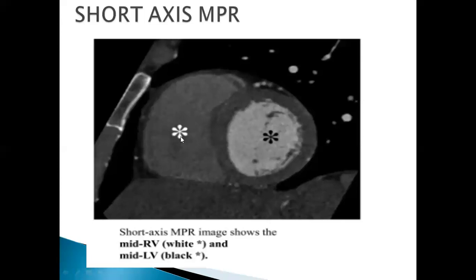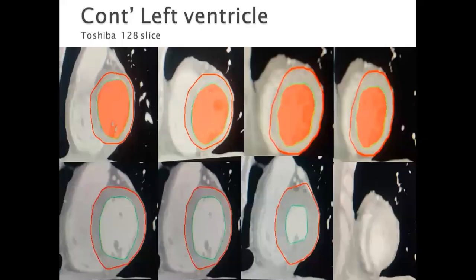So for function, remember, for you to assess for function, you need to be able to bring out things like ejection fraction. Now this is where you are going to utilize the fact that retrospective gating allows you to produce multiple segments of the heart itself. So you're going to go to your left ventricle.